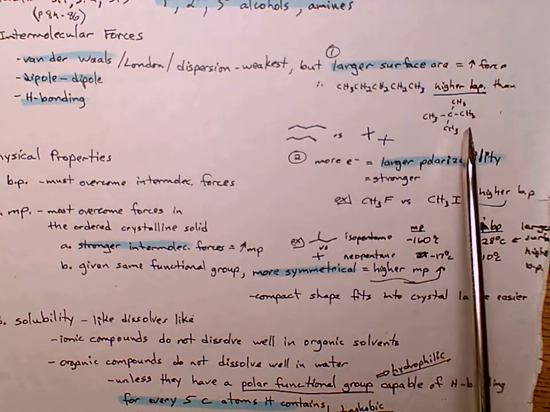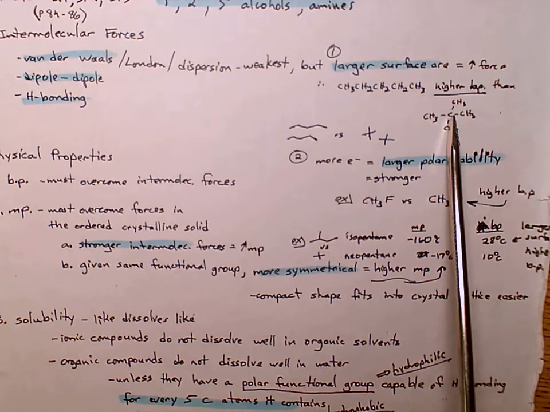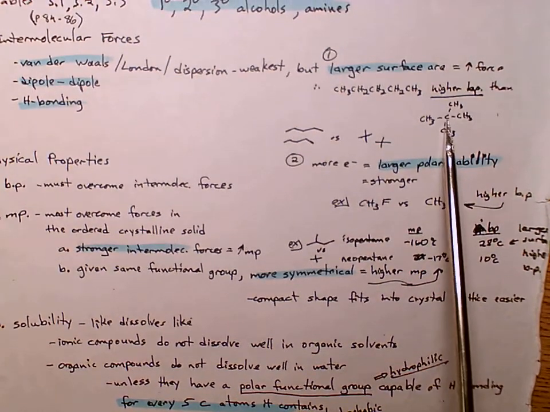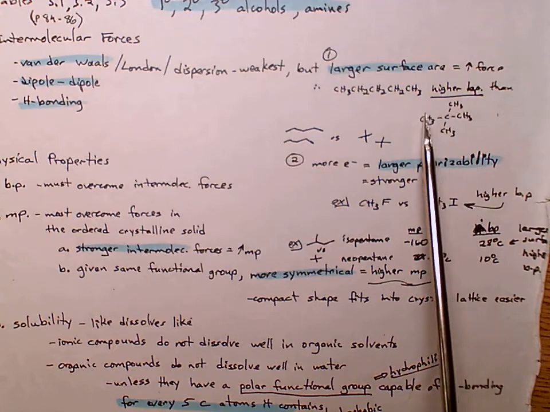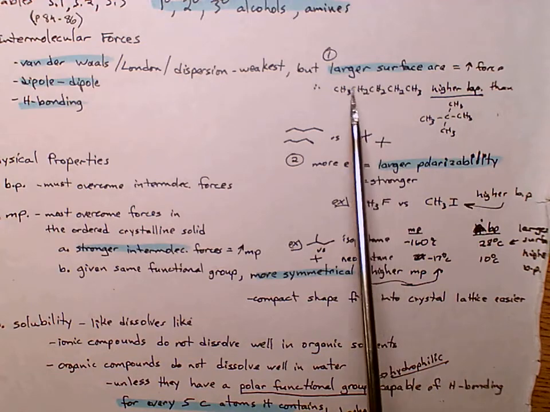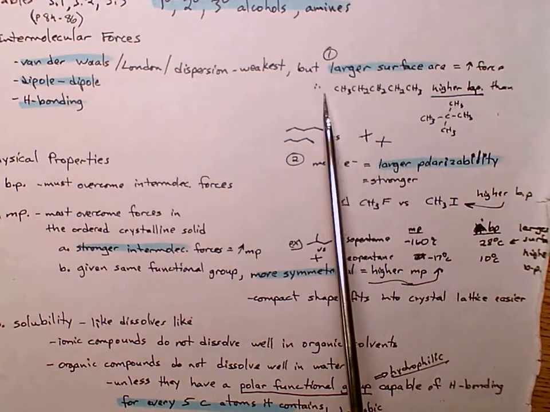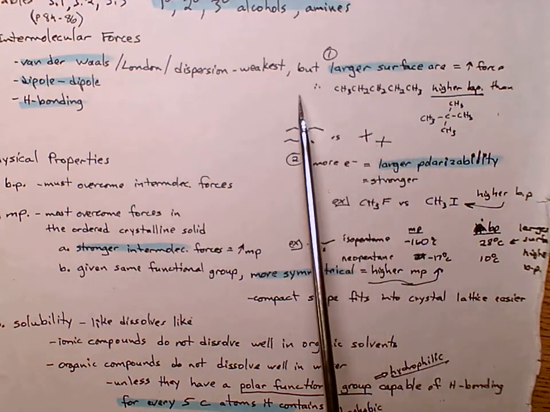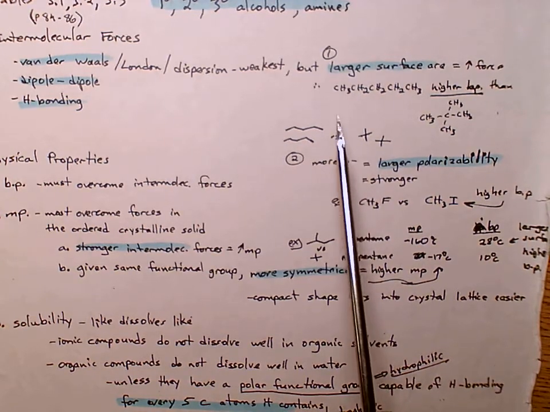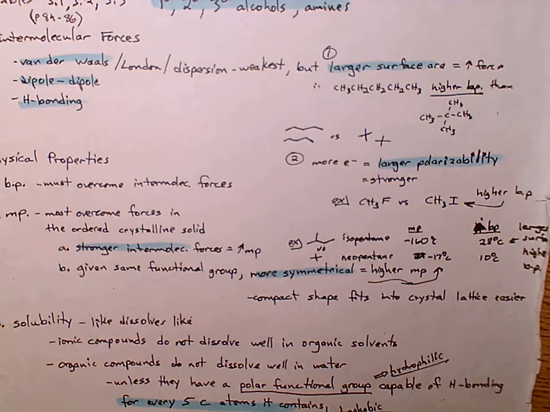If you were to look at this carbon in the middle here and do a Lewis structure, you'd find that that's a tetrahedral carbon. So this molecule here is more like a ball. It's fairly spherical, whereas this is more like a snake. It is stretched out. So this molecule here can have lots of van der Waals forces with the next molecule over.